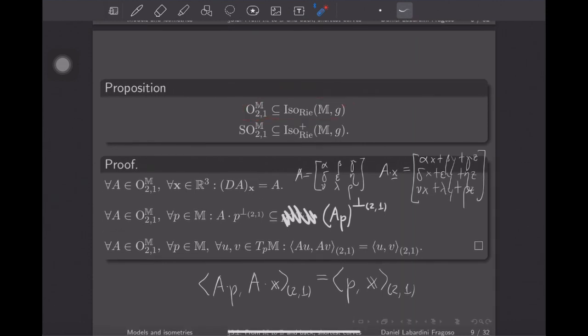Okay, and then the ones of determinant 1 are the ones that preserve the orientation. One can say, okay, preserve the orientation of R3. They are 3 by 3 matrices, and it's intuitively clear what it means, for instance, for the reflection on the xz plane, that it changes orientation.